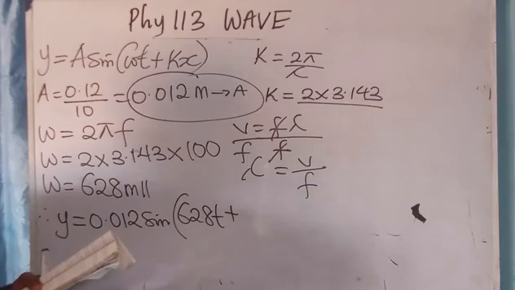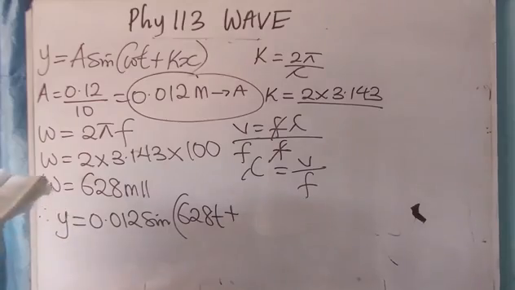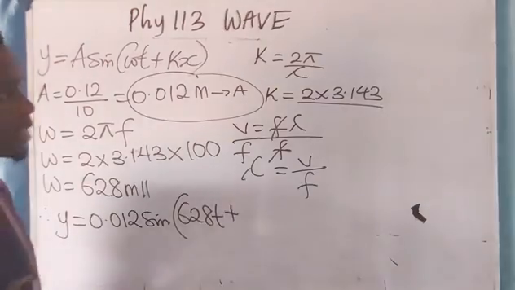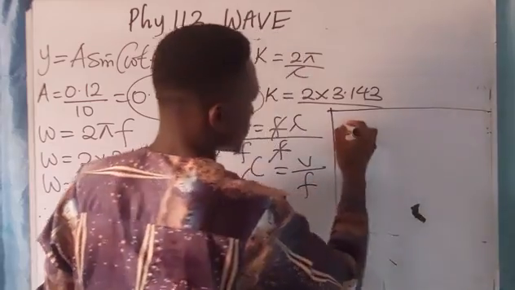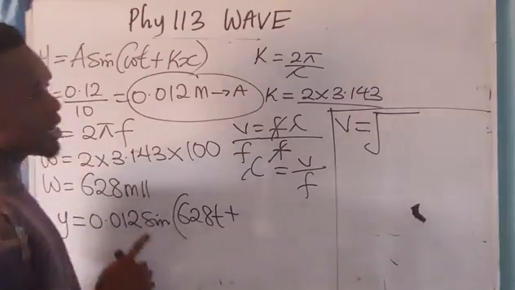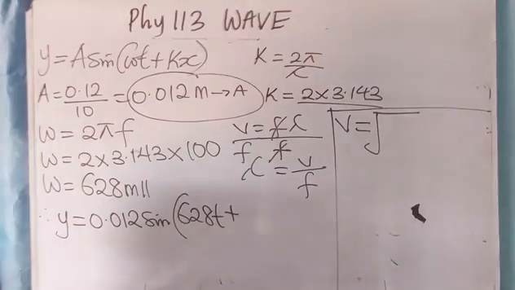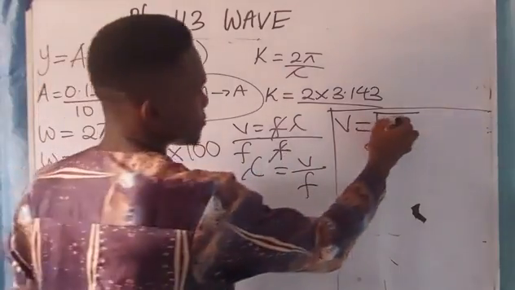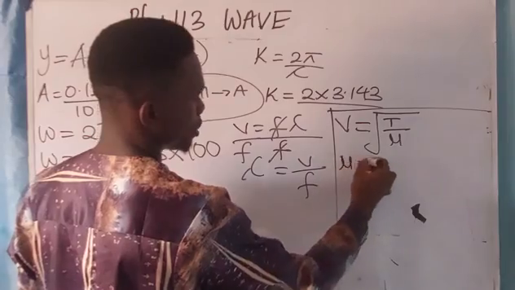To calculate the velocity, we will have to use the formula for the speed of a transverse wave. V equals the square root of T over U, and U equals mass over length. One thing that is complicated in physics is bringing formulas from different angles.